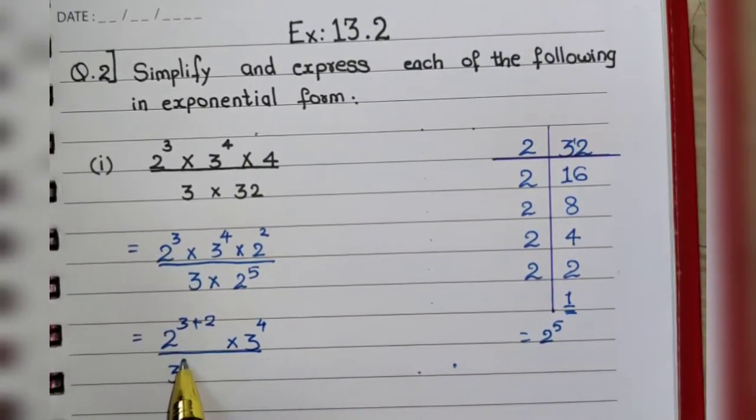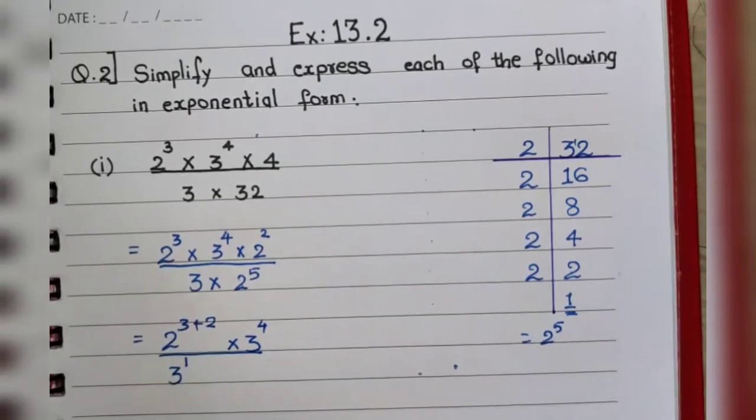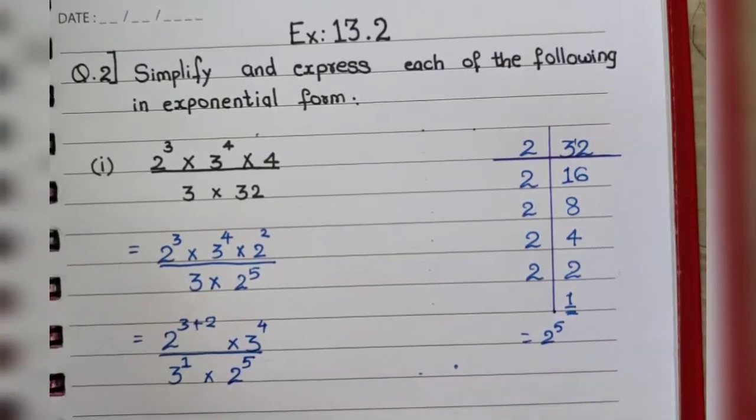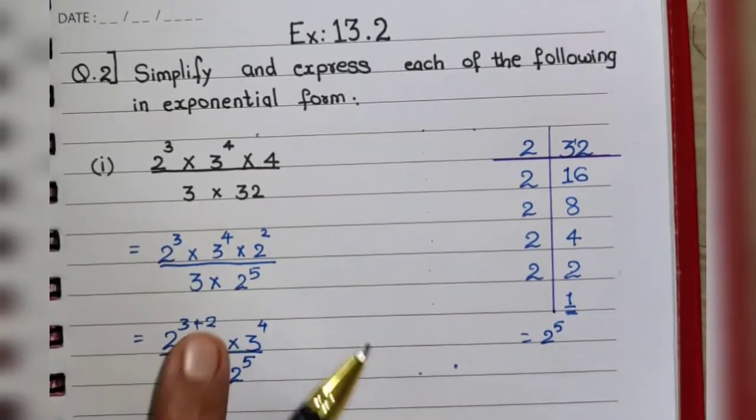3 has no power. If no power is there, what will we consider? 1. We will always consider it as 1. And here we have just now brought 32 as 2 to the power 5. Now add them. It's 2 plus 3, 5.